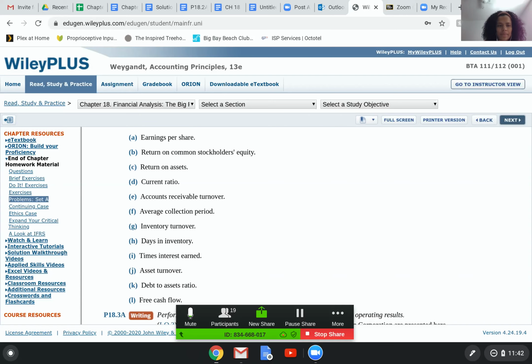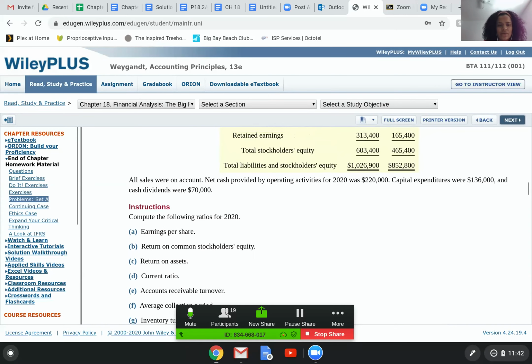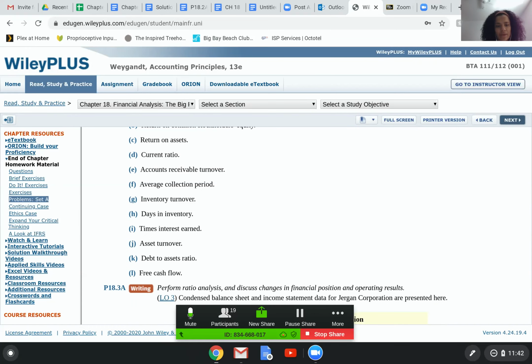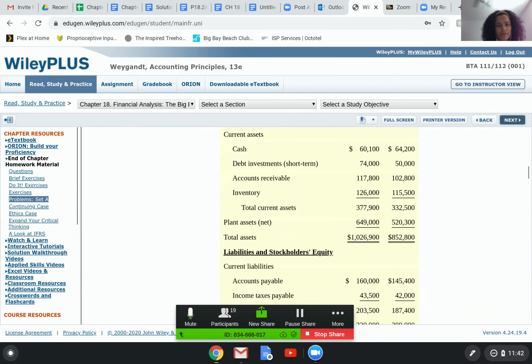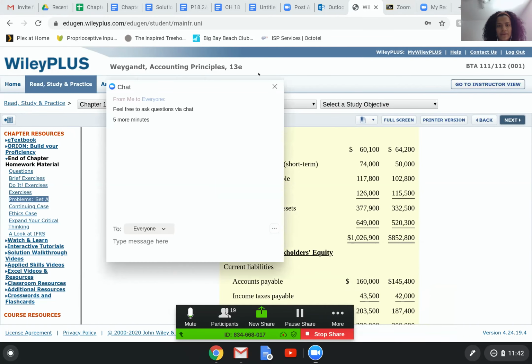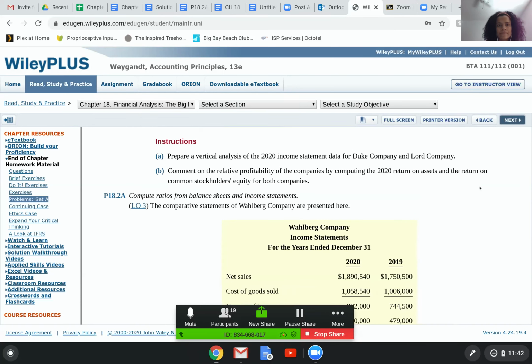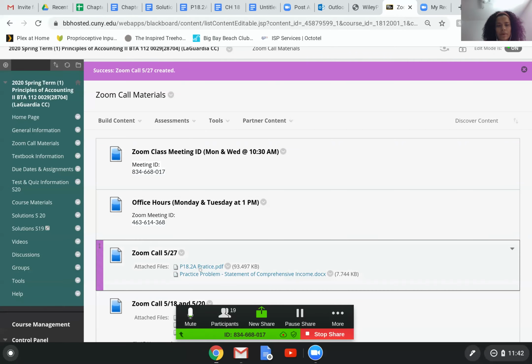And again, the whole purpose of doing this is just so that you can be sure that you know how to calculate these things, since every time we calculated it, I was doing the work. All right. So any questions or points of clarification before we start? If you don't have the book, the question is up here on Zoom call materials.